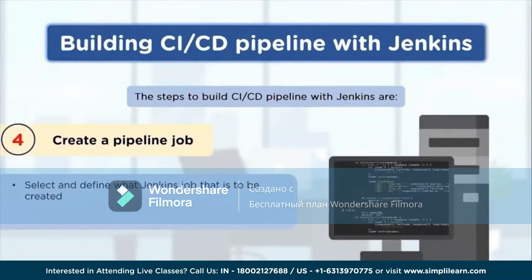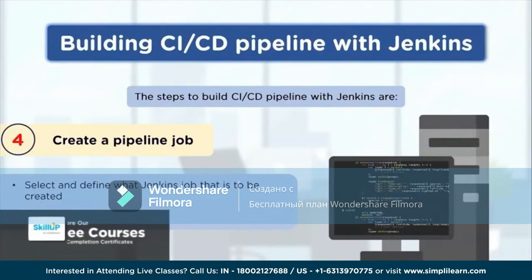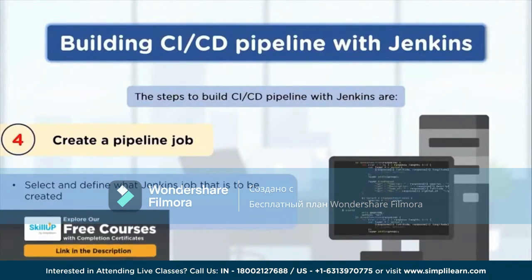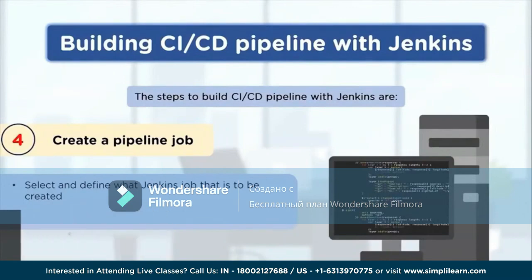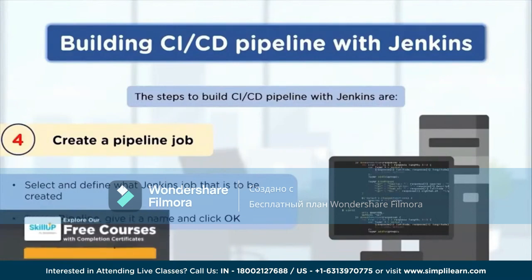Just select that and provide your custom name, the pipeline name or job name you want to use. This can really help us see how a pipeline job can be created and modified. Once the pipeline is selected and we give it a name, we can click OK.